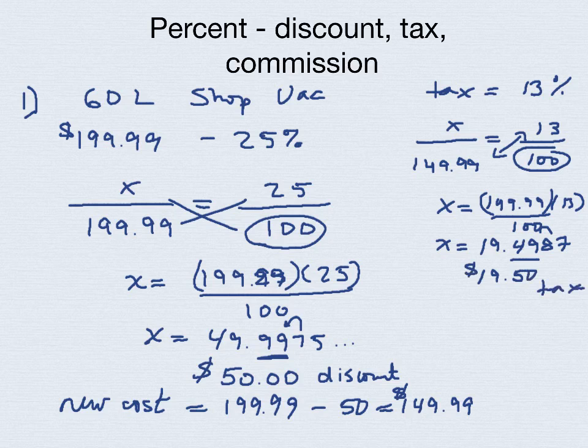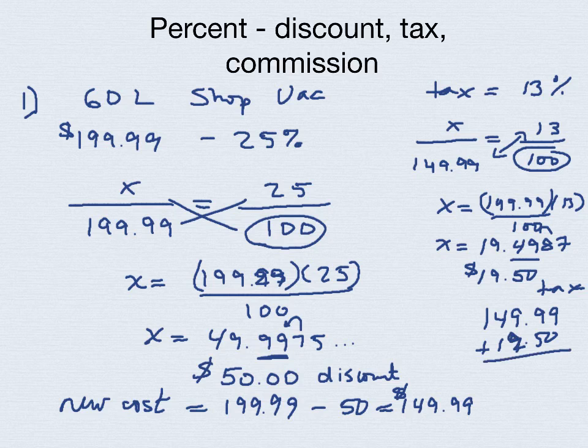And unlike discounts, which get subtracted, tax gets added on. So the new cost of the item, $149.99, gets the added bonus of $19.50 in tax.